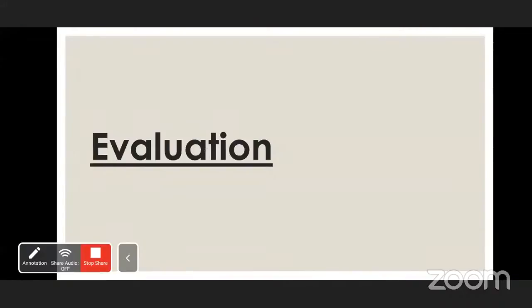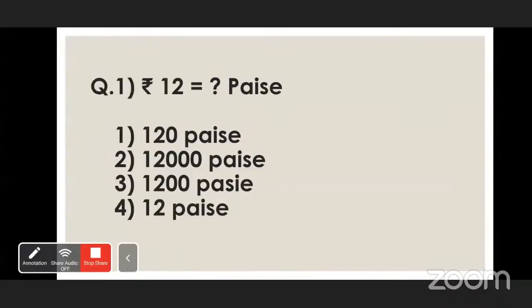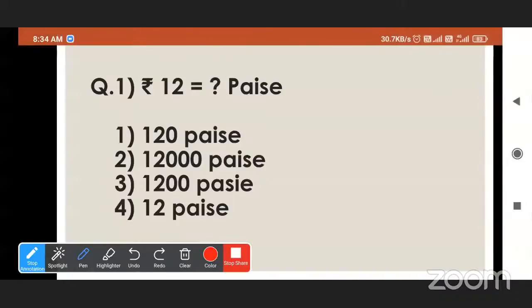Okay, now some problems for you. Rupees 12 is equal to how many paisa? Tell me the answer. Rupees 12 is equal to how many paise? 1,200 paise.